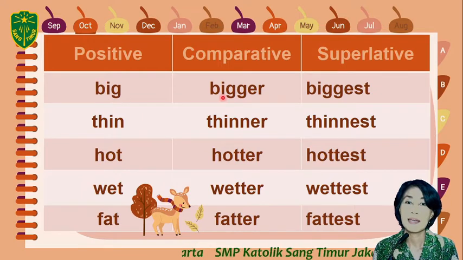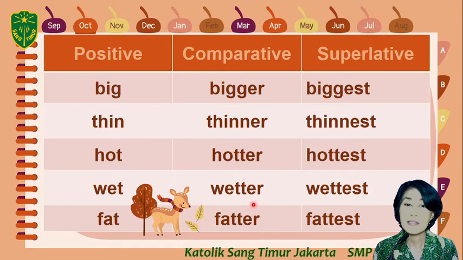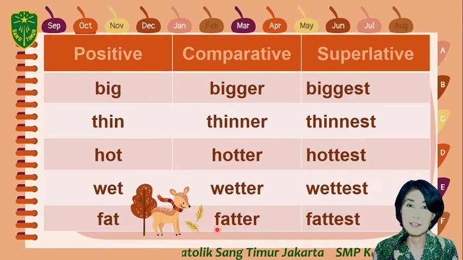Big, bigger, biggest. You have consonant, vowel, and consonant. Then you have to double the last consonant. Okay? Thin, thinner, thinnest. Hot, hotter, hottest. Wet, wetter, wettest. Fat, fatter, fattest.